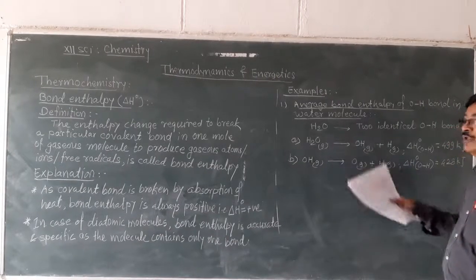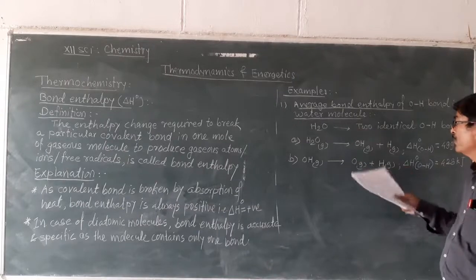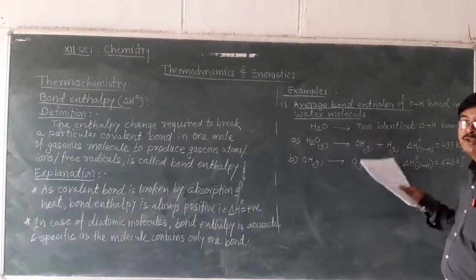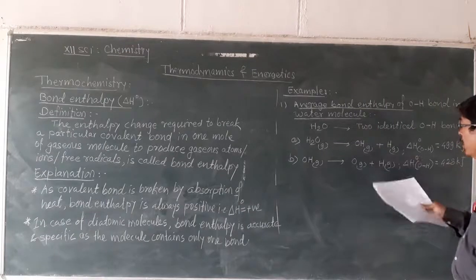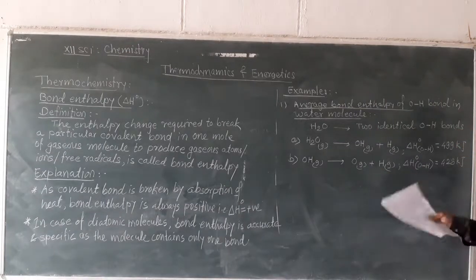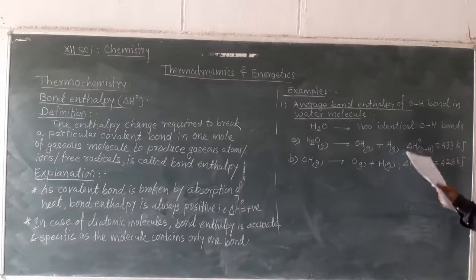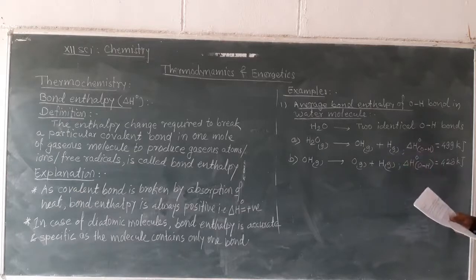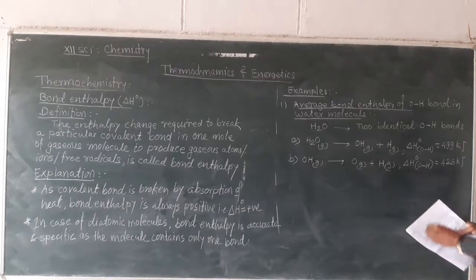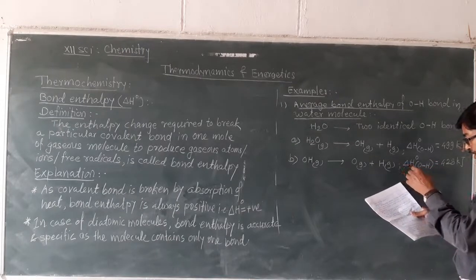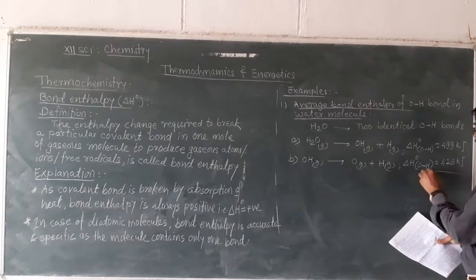Although both the OH bonds are identical in all respects, their bond enthalpies are different, and therefore a difficulty arises: bond enthalpy of which bond is to be taken into consideration. To avoid this difficulty, average bond enthalpy is calculated.